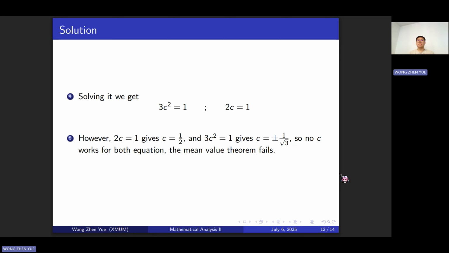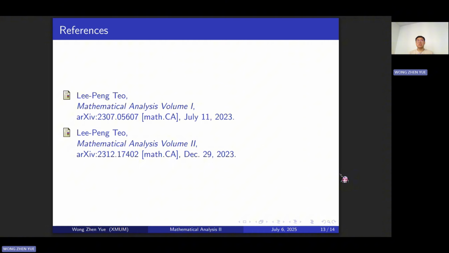And therefore, even though the multivariable mean value theorem is quite useful, it still has its limitation in higher dimensions. And these are the references I used: Developing Mathematical Analysis Volume 1 and Mathematical Analysis Volume 2. The counterexample is from Volume 2.